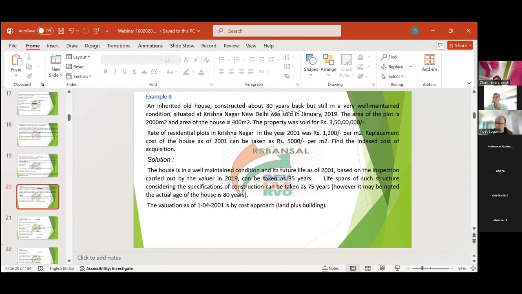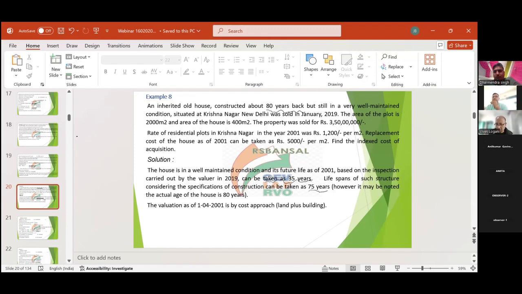So what we assume is that it can live up to 35 years. From the inspection, we assume that the future life of the building is 35 years. And the total life we assume as 75 years, though the building is 80 years old.